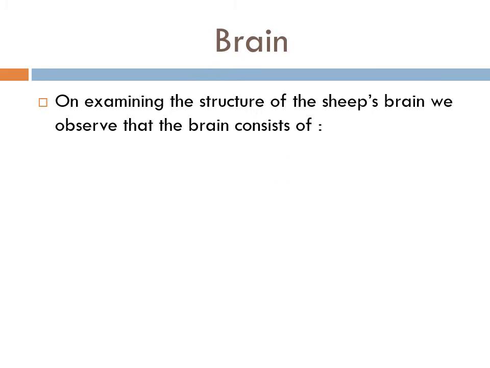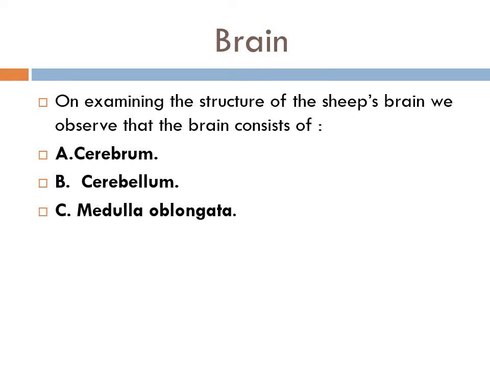On examining the structure of the sheep's brain, we observe that the brain consists of cerebrum, cerebellum, and medulla oblongata.